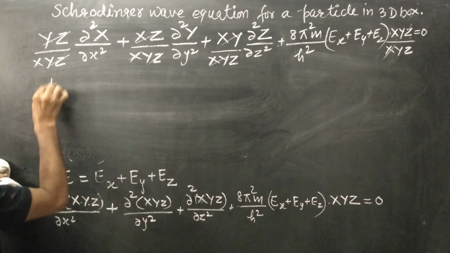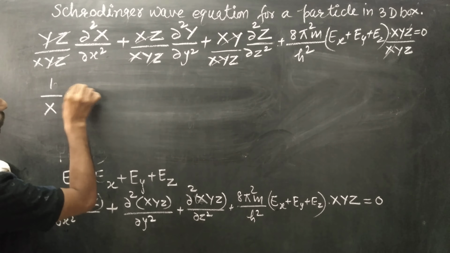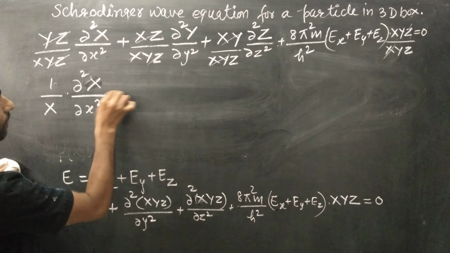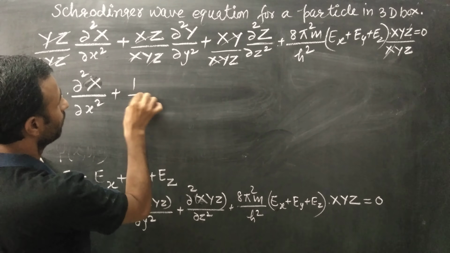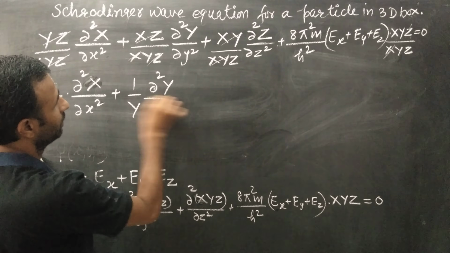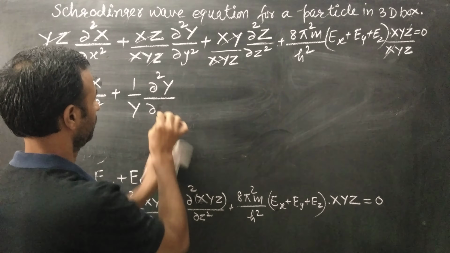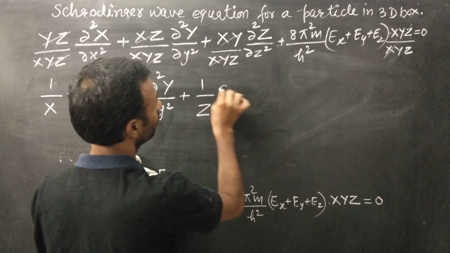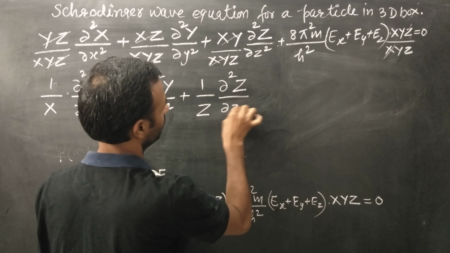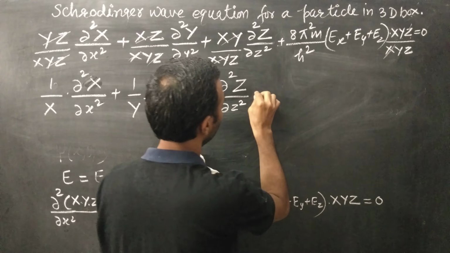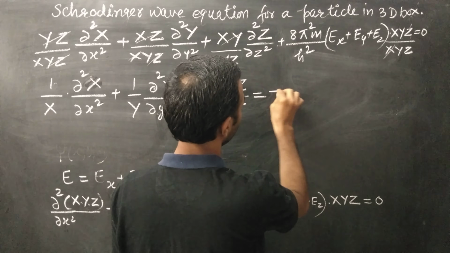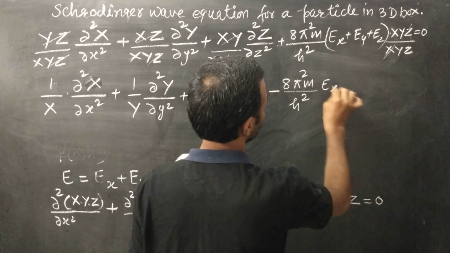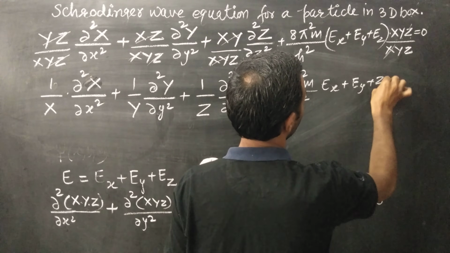So it becomes 1 upon X into del square X upon del x square plus 1 upon Y into del square Y upon del y square plus 1 upon Z into del square Z upon del z square equal to minus 8 pi square m upon h square into Ex plus Ey plus Ez.